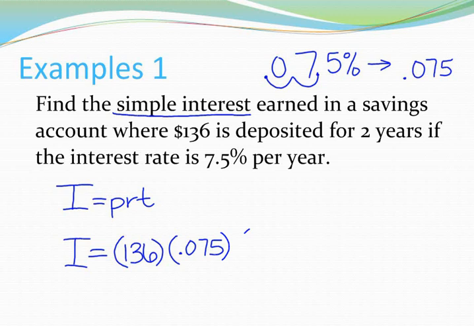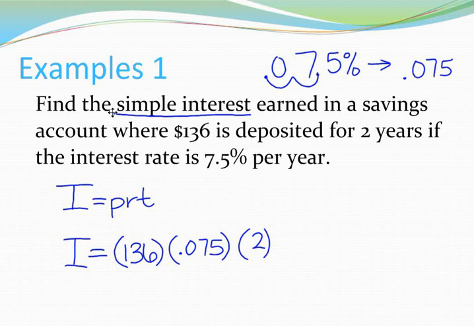And my time is 2, and it's already in years. Notice how I'm substituting in parentheses. That's practice. And I'm solving for I here. So all I need to do is multiply those 3 things. $136 times 0.075 times 2.